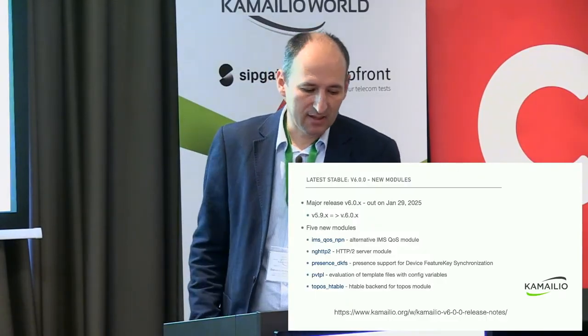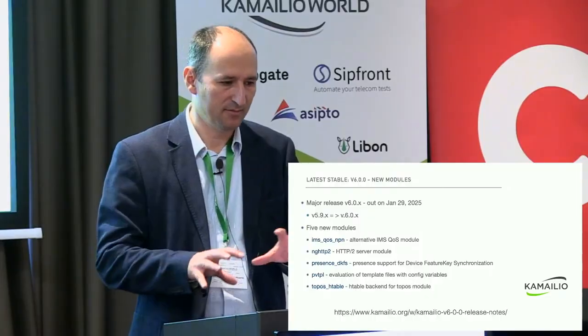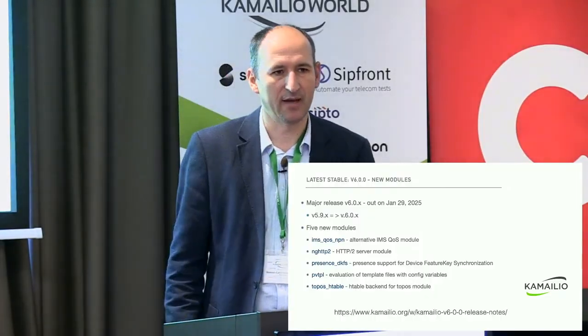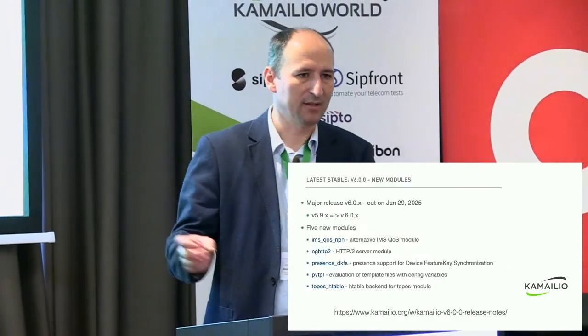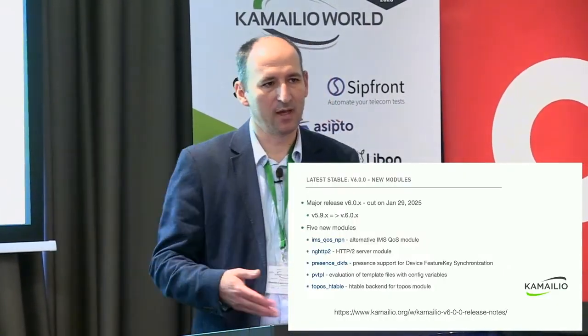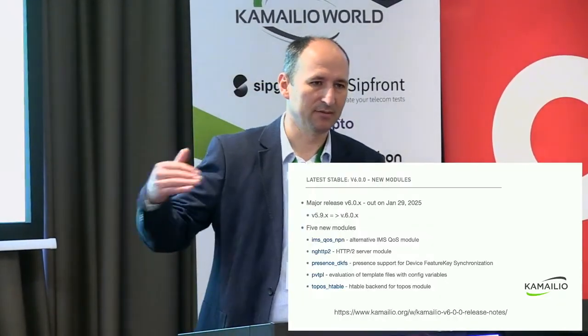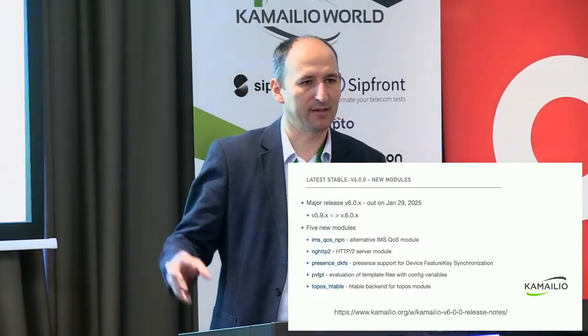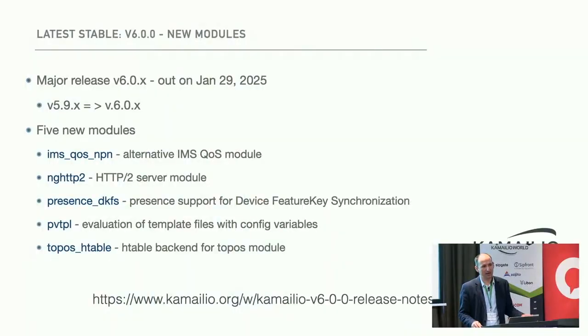PVTPL is something that I have become used to quite a lot, especially when you need to build some document using variables from the config file. You can have a text file with Kamailio variables, and then Kamailio will evaluate it. So instead of building, for example, a JSON with config operations like concatenating strings, you can put it in a template file, and then Kamailio evaluates it, which could be a simpler config that is easier to maintain.